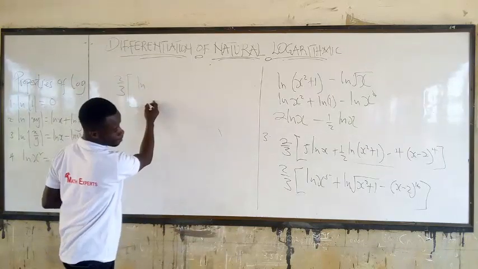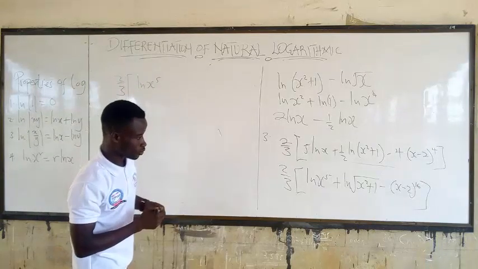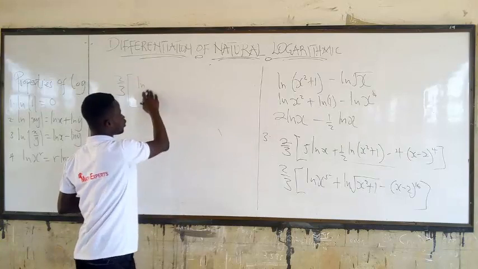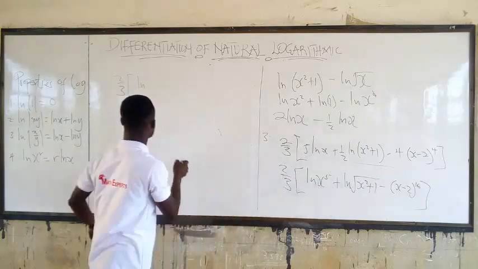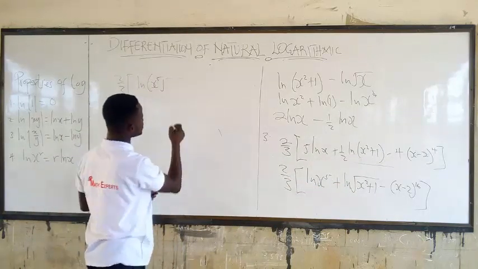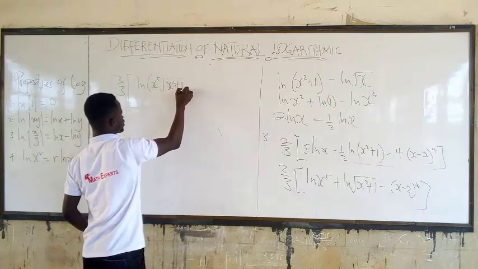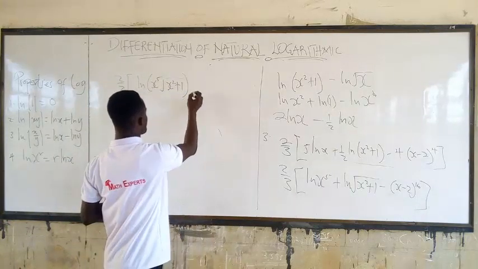So ln s to the power 5. Now the argument is s to the power 5, we'll multiply this. So we are going to get something like s to the power 5 times s squared plus 1.